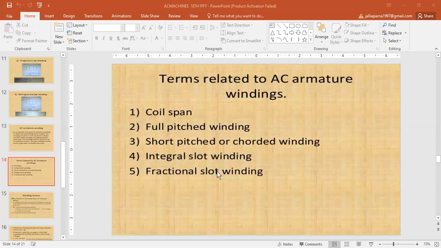The inductance of the winding is reduced. The fractional number of slots per pole can be used, which in turn may reduce the tooth ripple. Disadvantages: EMF for coil decreases to some extent.